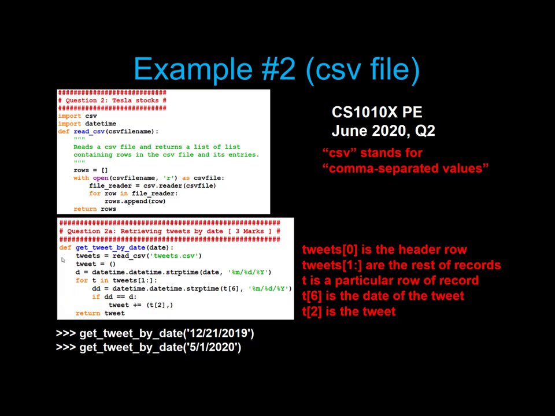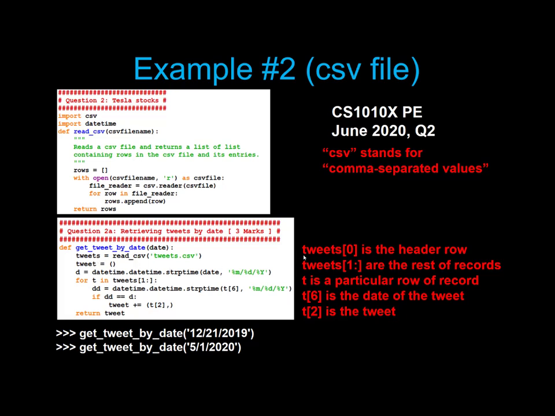Here is the routine to process it, where you want to get a particular tweet by the date. tweets is read_csv, calling the standard routine to read the tweets, and initialize the needed tweet to be empty. Then for each record in the tweets, starting from the second record to the end. So tweets is all the records that we read from the file.